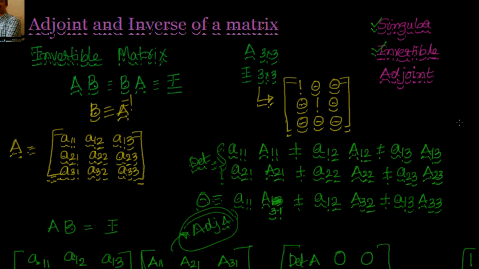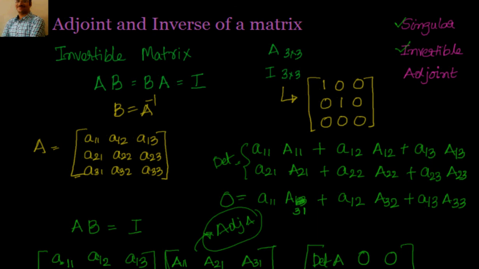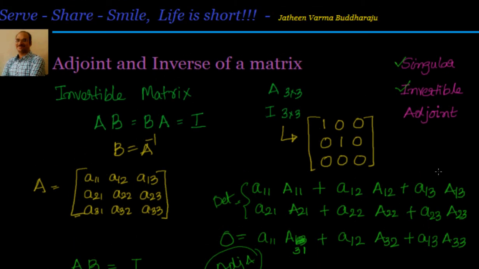To summarize, we know that a matrix is invertible if AB equal to BA equal to I. Then if you are able to find such a matrix B, it is called A inverse. Now we have taken one matrix with arbitrary elements A11, A12, A13, 21, 22, 23, 31, 32, 33.